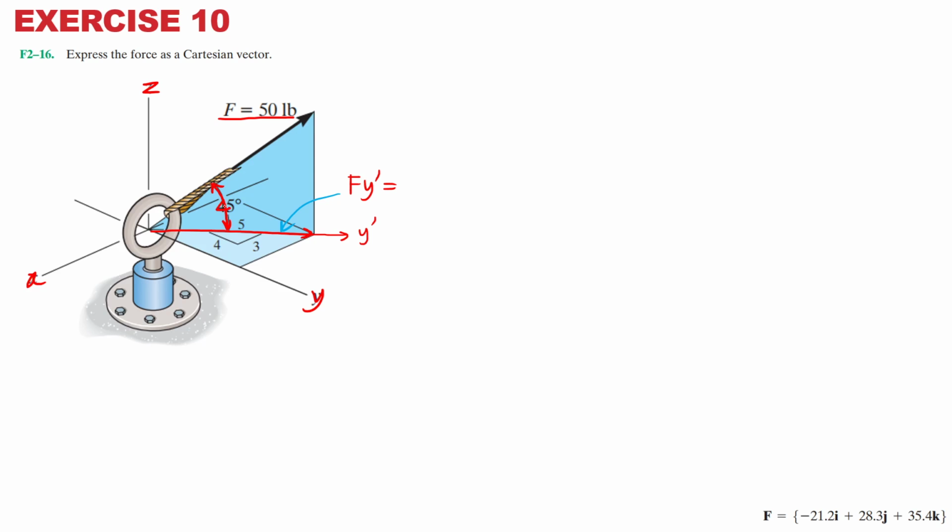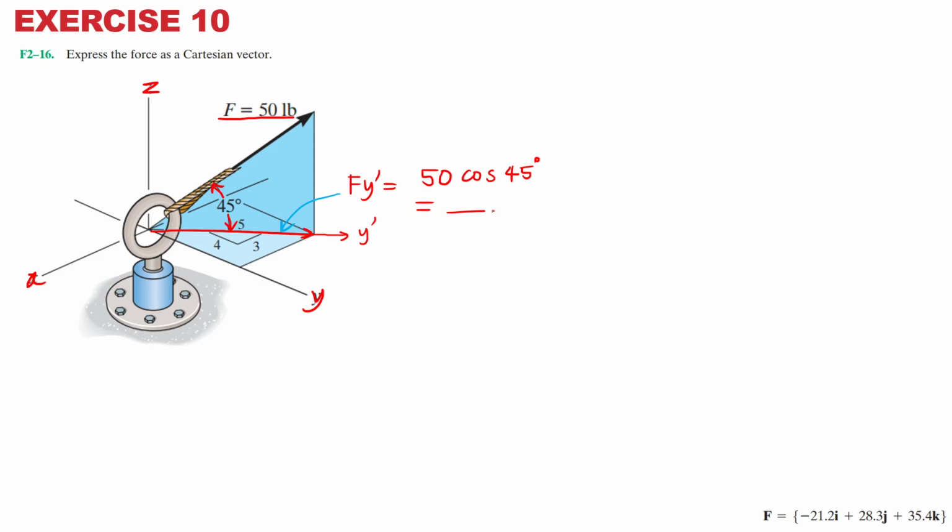This is 45 degrees. Fy prime you can immediately get, which is equivalent to 50 cos 45 degrees. So what is the value?